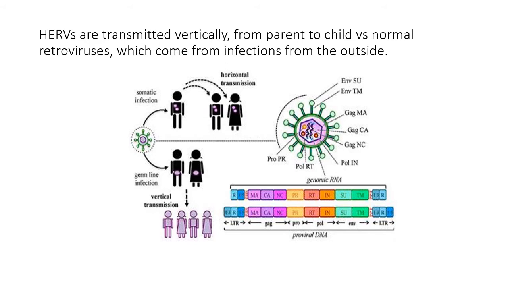In contrast to this, our HERVs are transmitted vertically, which is to say from parent to child. At some point in the distant past, they were inserted in the germline of our predecessor, and have remained there. So they're there in our genome, and they're passed down like any other Mendelian type DNA sequence. So one doesn't get these from the outside or from anybody else. They're passed to us from our parents.